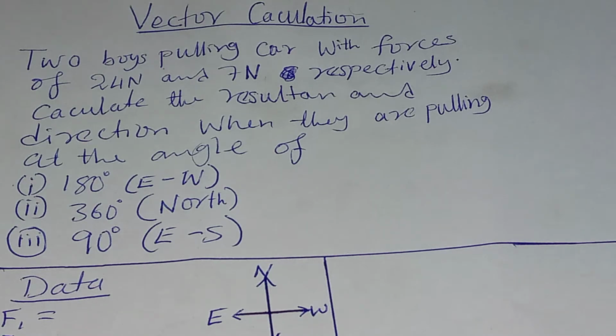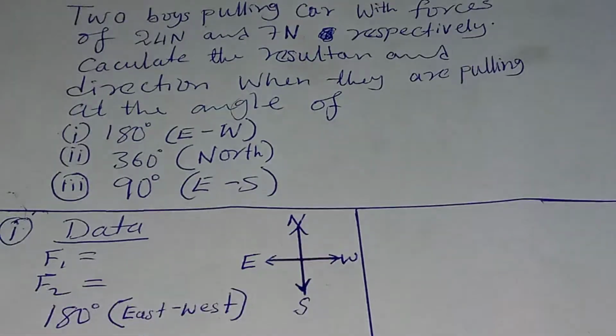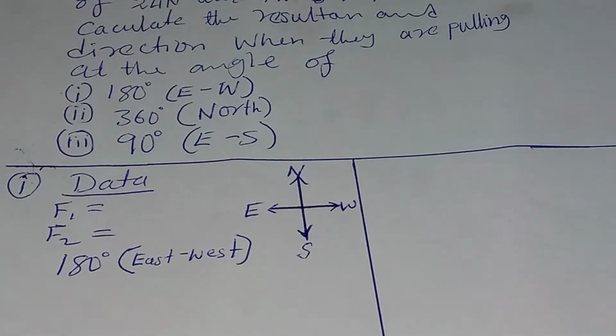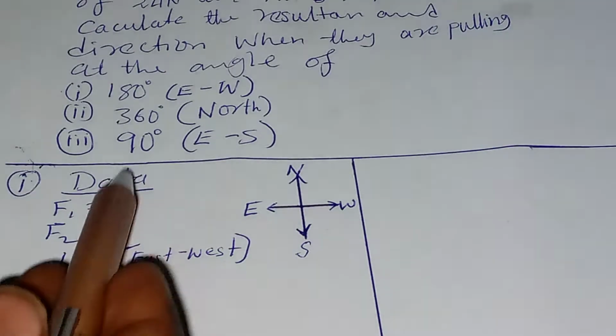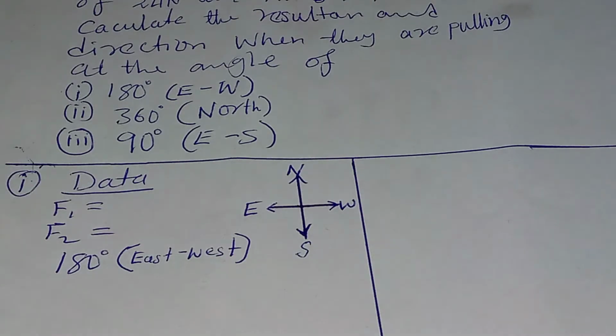A certain thing we have to realize is those two forces. You have to know force 1 and force 2 before doing any calculation. We'll go to the solving aspect. We're going to deal with number 1, that is 180 degrees east to west. As you can see, F1 is not given yet and F2 is not given.